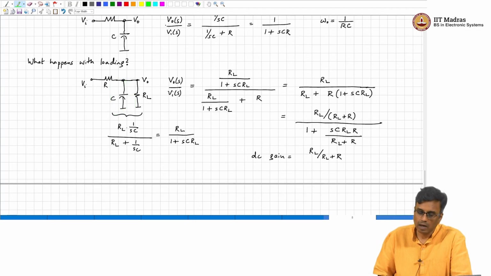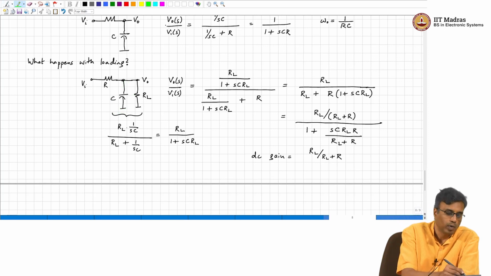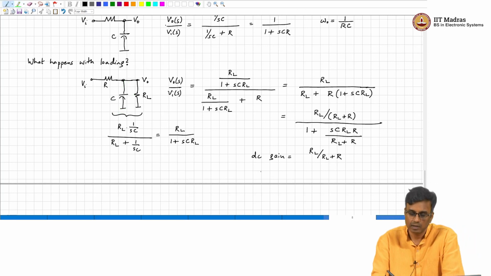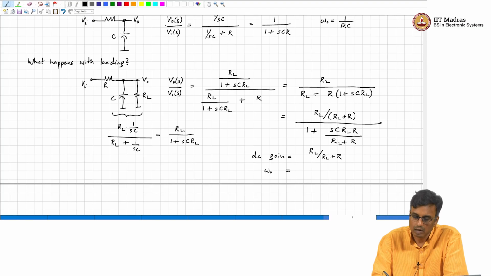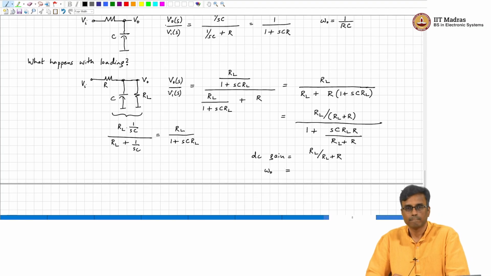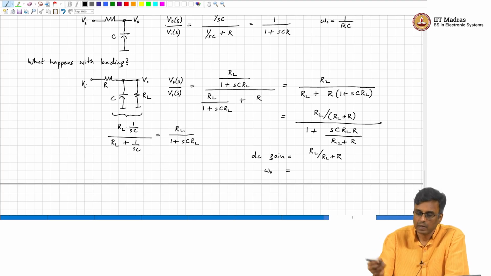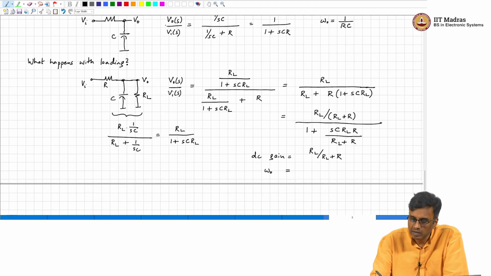Okay. Now, what comment can we make about the bandwidth? What is it now? Remember that this is nothing but sC times R parallel RL.